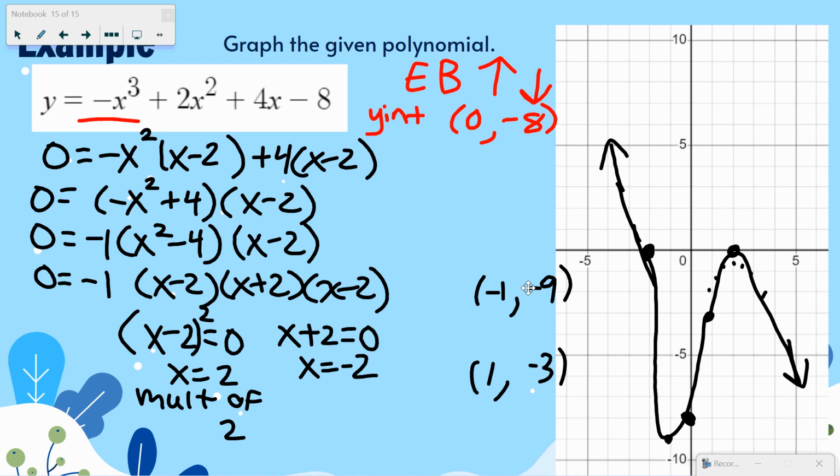And if you're doing this for practice, like on your Delta Math, you can always try and figure out all those points, and then you can check with a graphing calculator, only as a way to check your work, not as a way to do the problem. Got it? What other questions do you guys have?